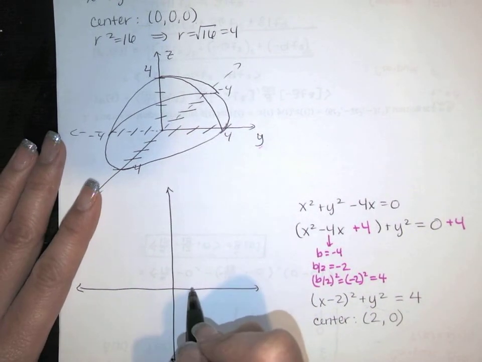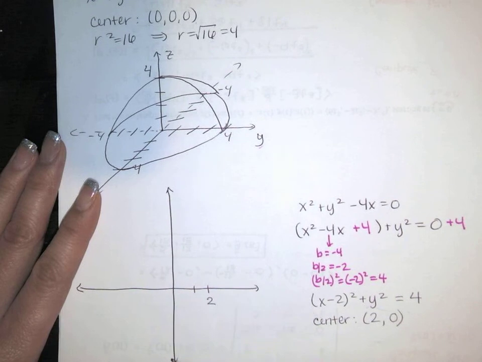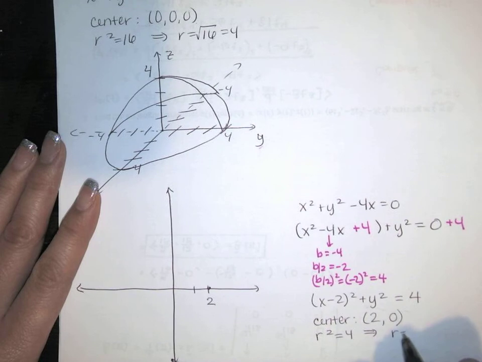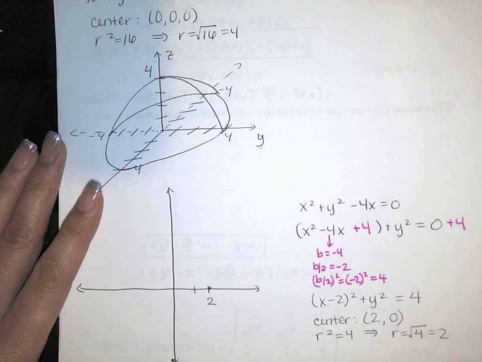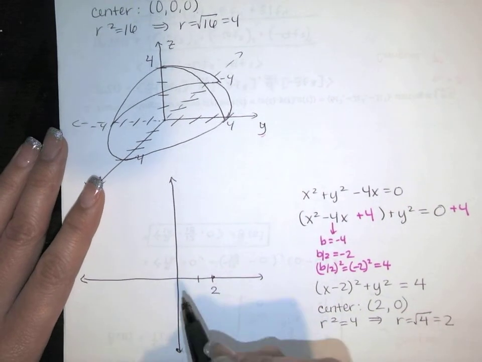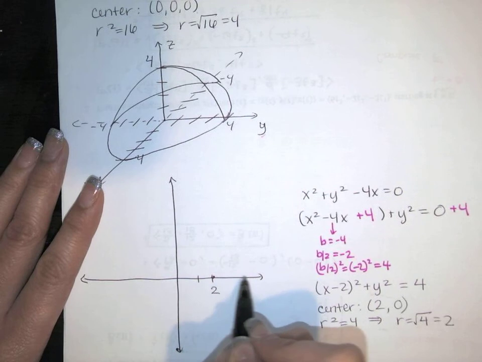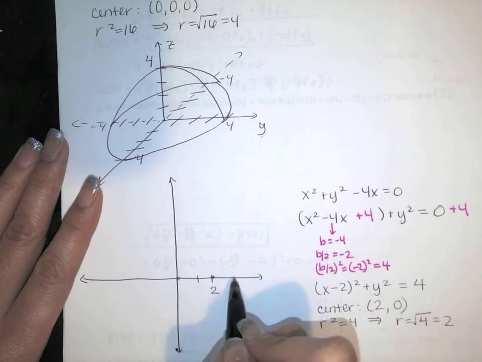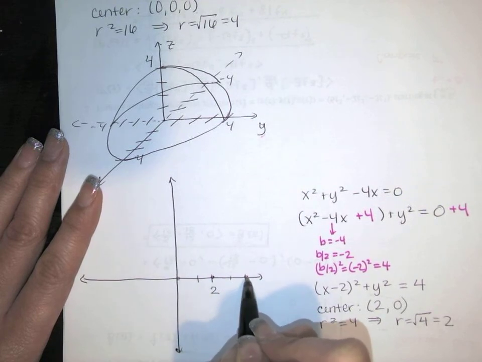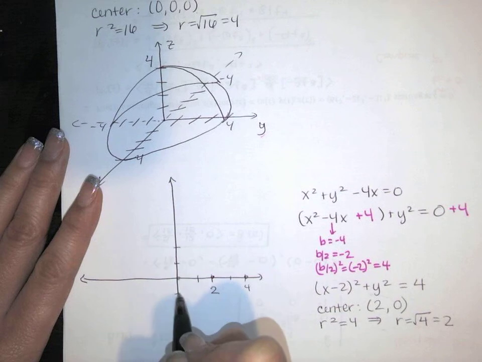So this is centered at x equals 2, y equals 0. And the radius squared, that's the right-hand side, that's 4. So we take the square root. R is 2. So we're centered right here. We're going to add 2 and subtract 2, so you're going left 2 and right 2. And then you're going to go up 2 and down 2.